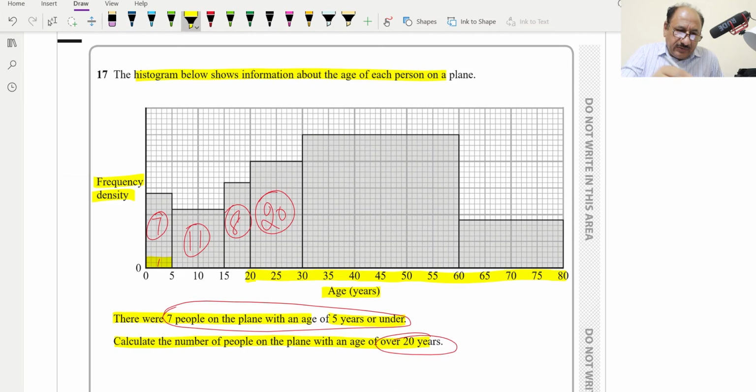Similarly, if we check this next one, this will be 1, 2, 3, 4, 5, and 6 for one line. So it will be 6 plus 6 plus 6.